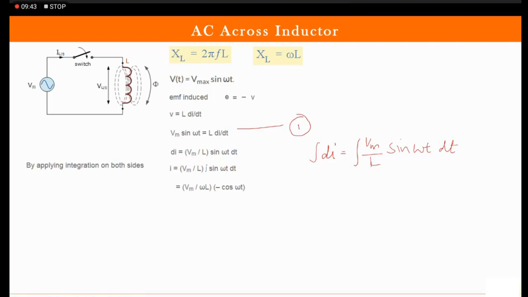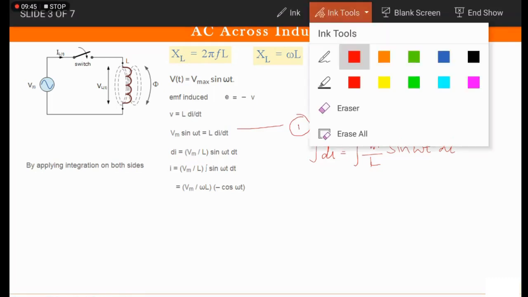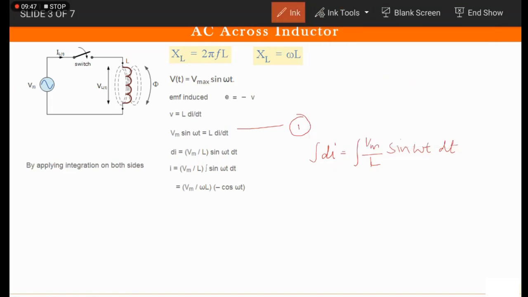So if I am integrating sine omega t with respect to dt, then it will be minus cos omega t divided by, I have to differentiate this.